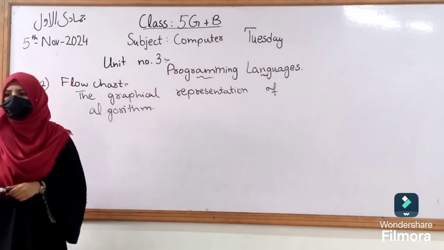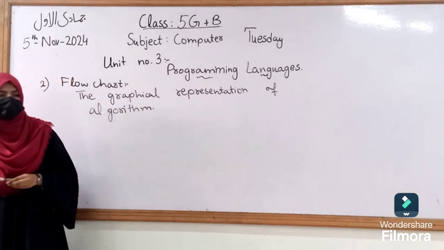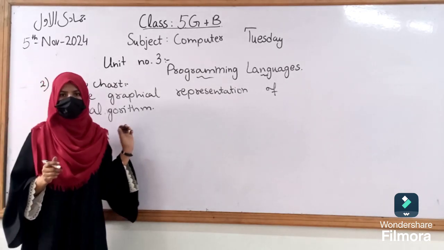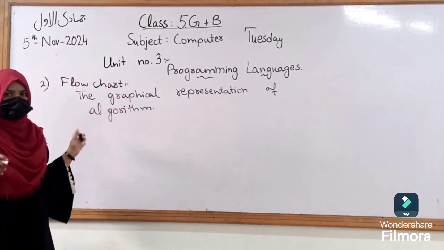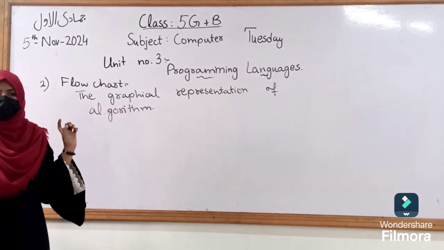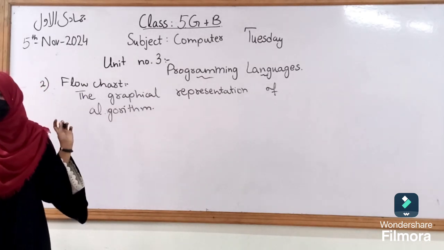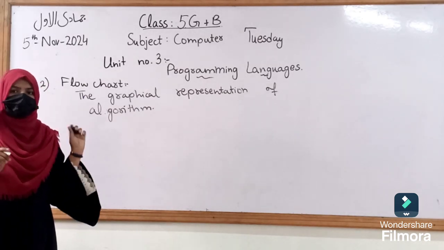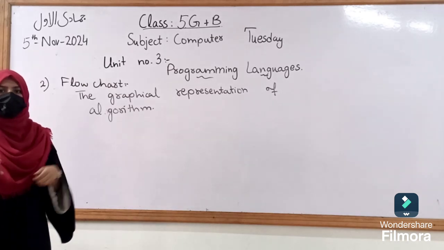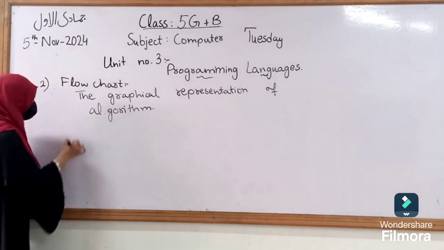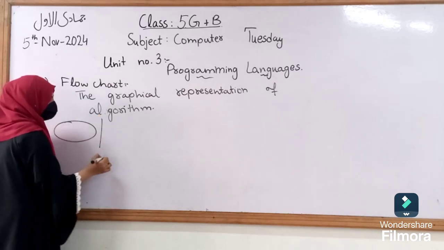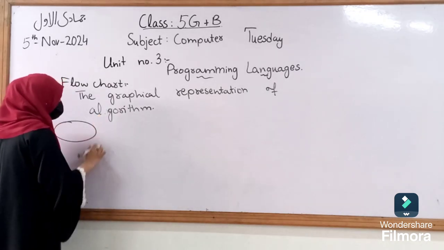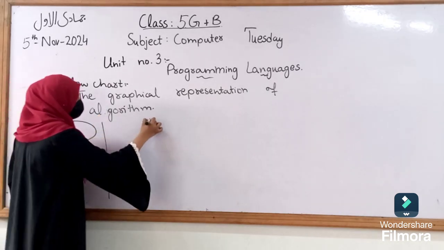ठीक है, so now I am going to draw the flowchart shapes, one by one the symbols of flowchart. Now you need to raise your hand and tell me what is the name of the shape and what is the purpose of that specific shape. ठीक है, so this is the first shape. Who will tell me what is the name of the shape?